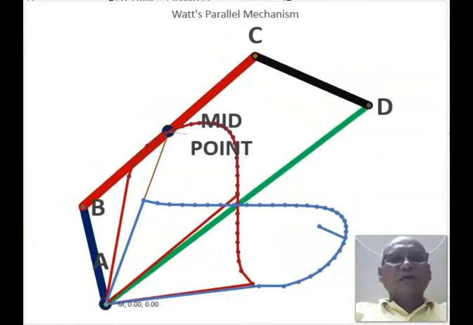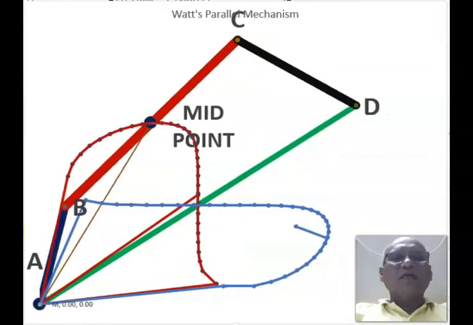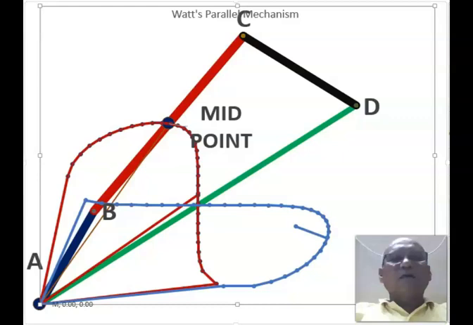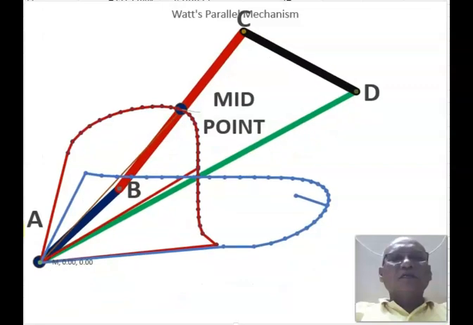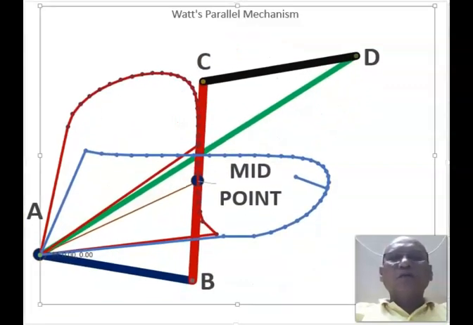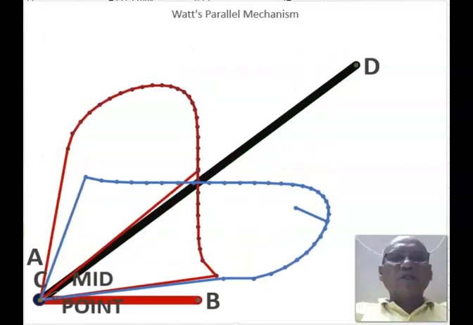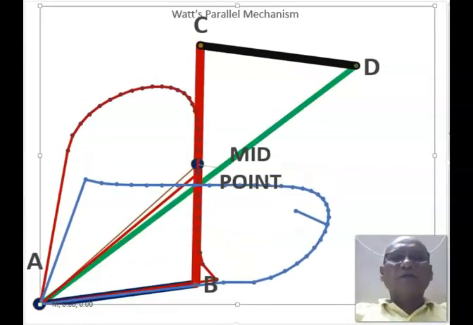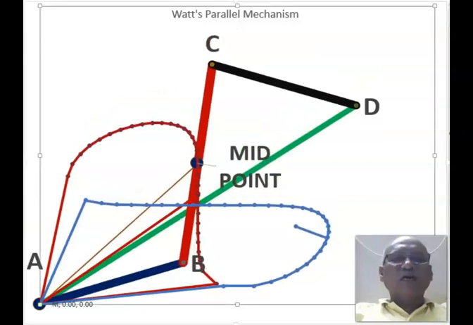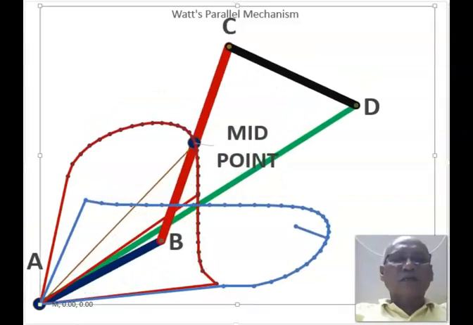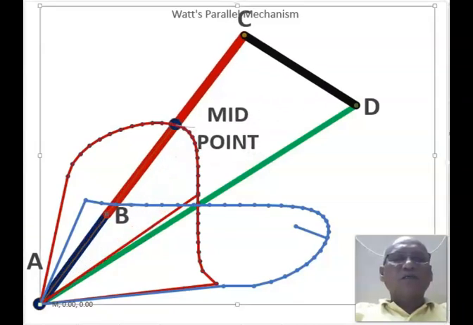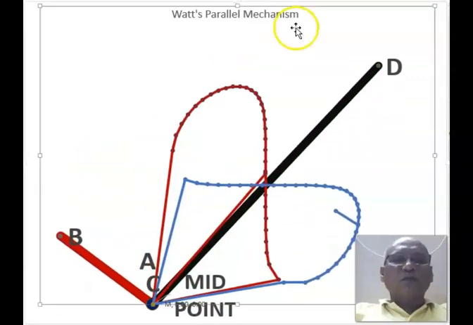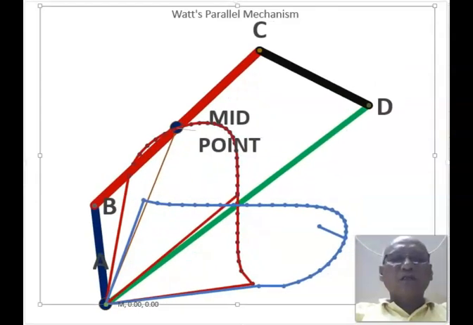So this is one path, and as we have seen in the 4-bar mechanism, the coupler had two options to move, and it creates two paths. Similarly, here also it has the option of moving in two paths. I am showing the path followed in red color, but a similar path will be created in blue color when we move in the other direction.